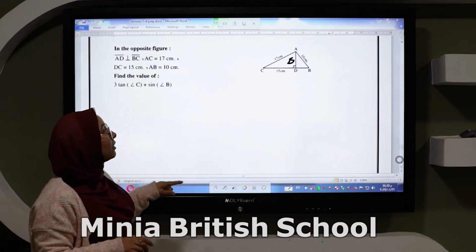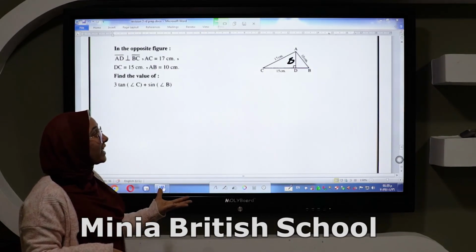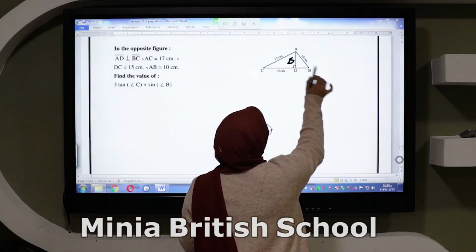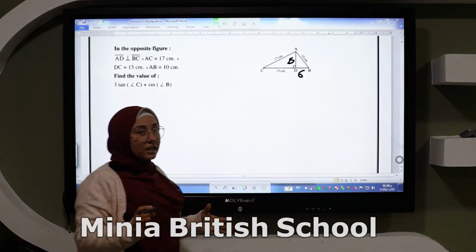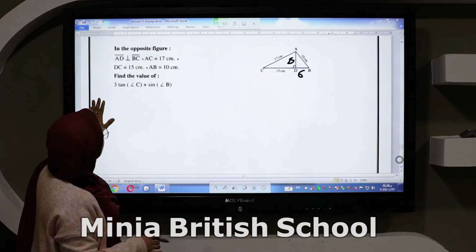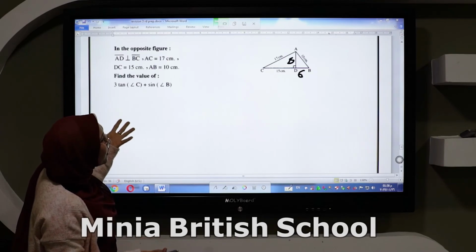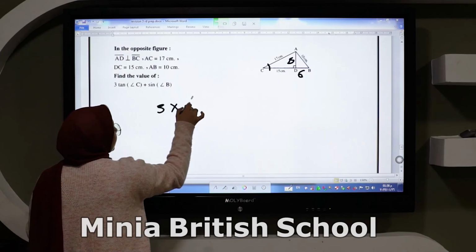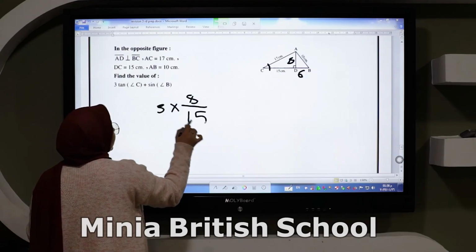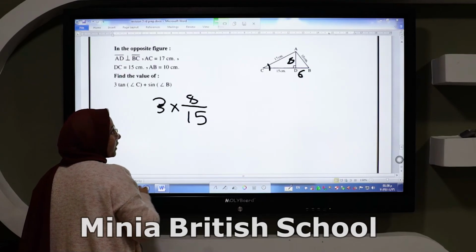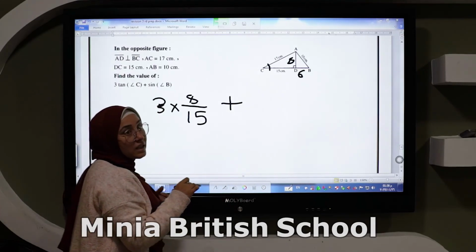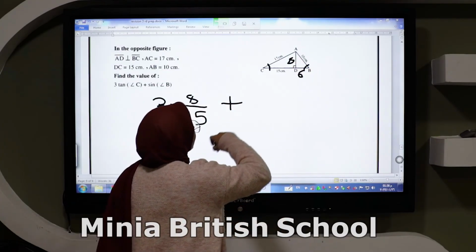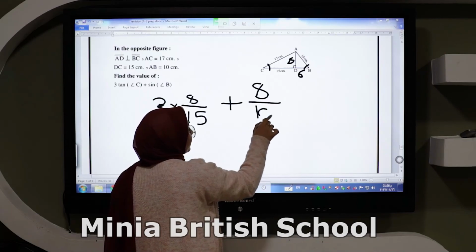And if AD equals 8 and AB equals 10, ADB is also a right angle triangle. From Pythagoras theorem, you can find the length of BD equals 6. Then tan C equals opposite over adjacent, so 8 over 15. Plus sine B. Sine is opposite over hypotenuse, 8 over 10.